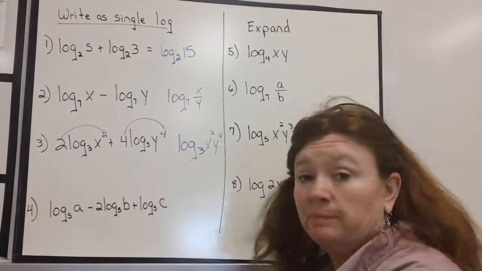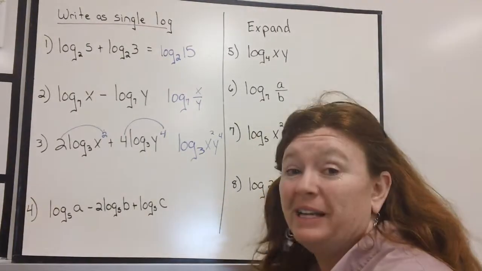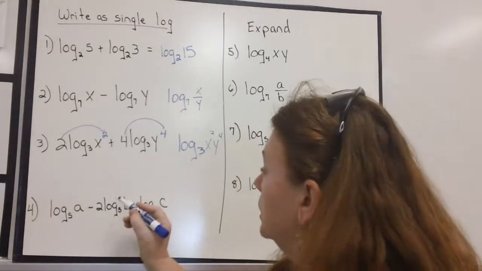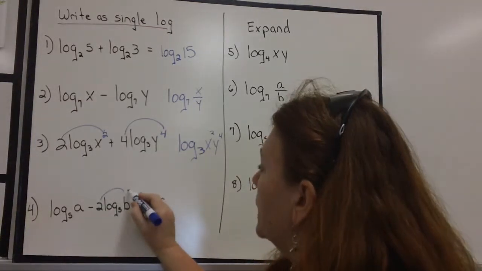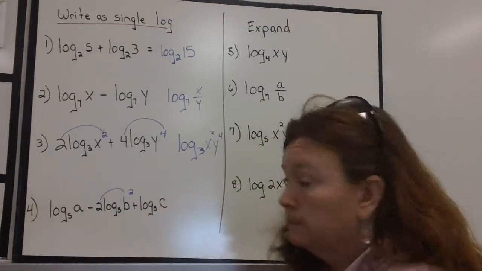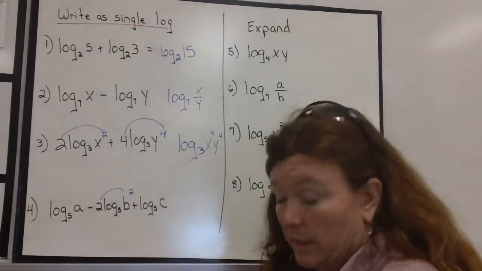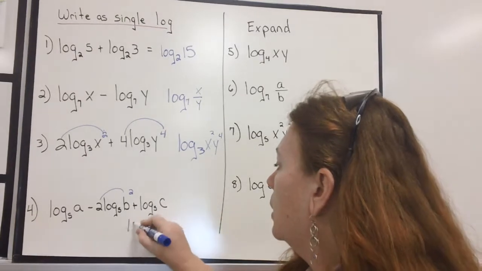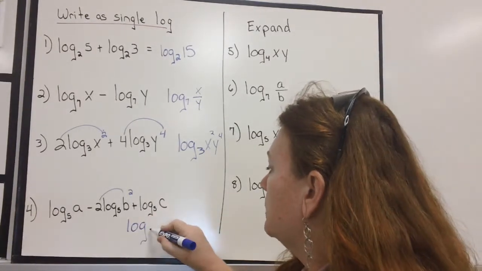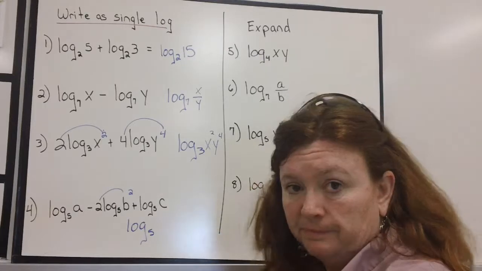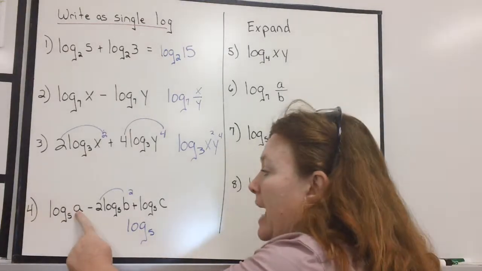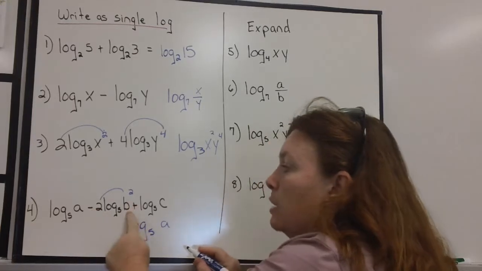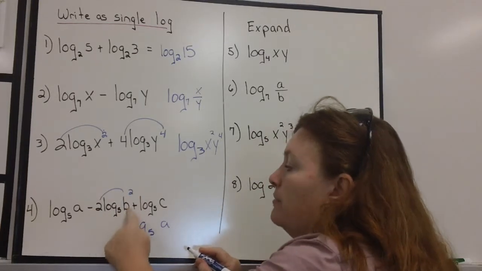Okay, let's try this one. Ooh, this one has a 2. So I'm going to put the 2 back up as a power, because I'm not expanding, so I want the power. All right, I have a log, and it's going to be a base of 5. I have a log base 5 of a minus the log base 5 of b squared.